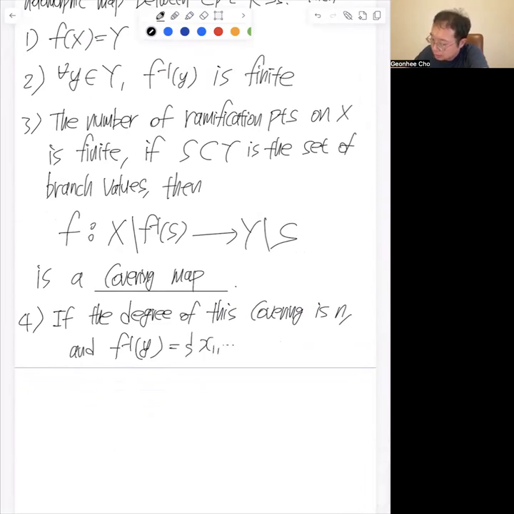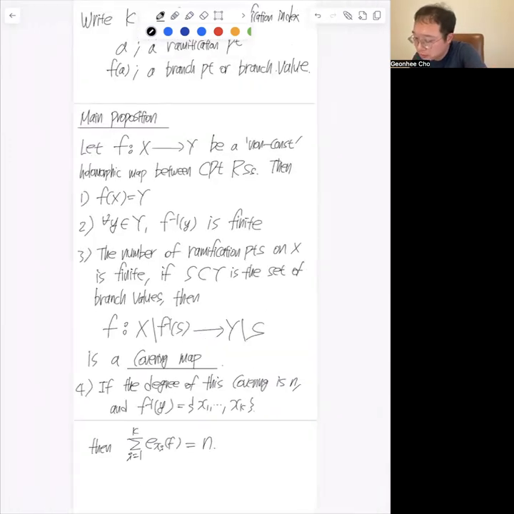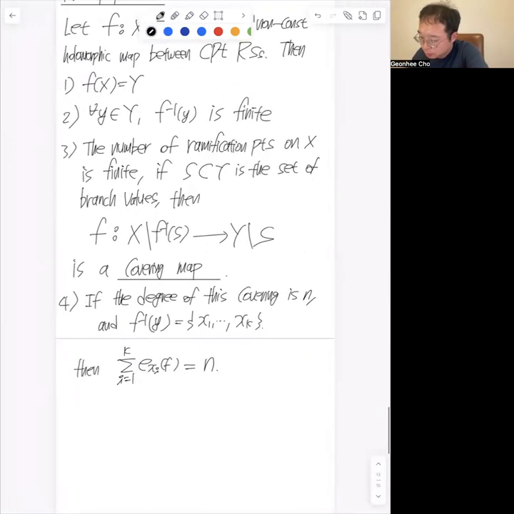Let me call them x1 to xk. Then we look at the ramification index of this function, and taking the summation from 1 to k, this coincides with n. So we can simply say that with multiplicity, it coincides with the degree of this covering map. So let's prove this main proposition.